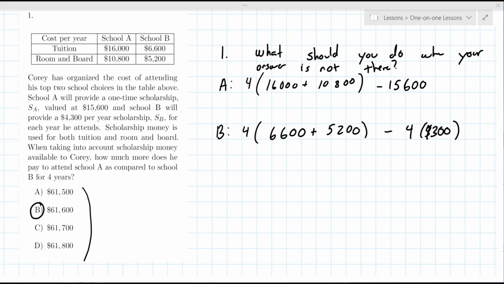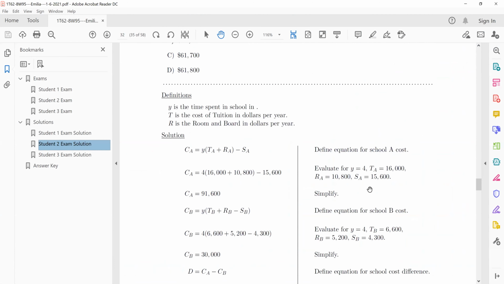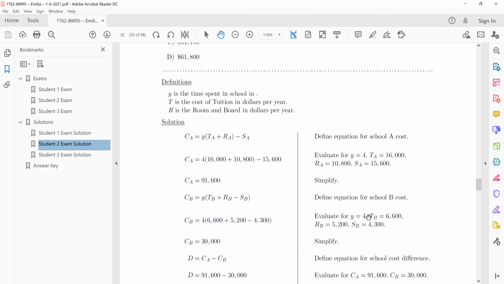The idea is that these answers would help you if there was no human around. They tell you what to do, but they don't tell you why. So they just tell you, here's an equation for the school for cost A. Take the tuition, take the room and board, multiply by the number of years, subtract out the scholarship.